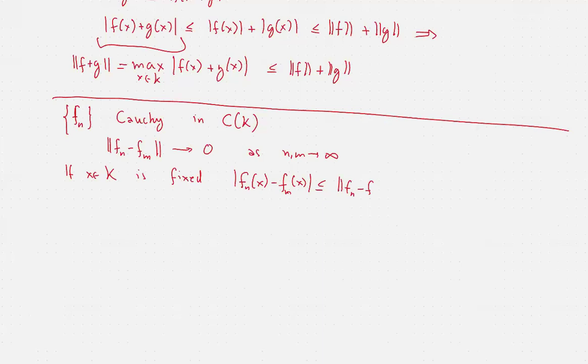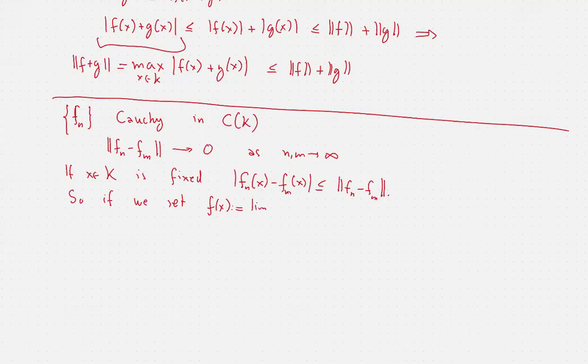So if we set f of x to be defined as the limit of f_n of x, then this is a function defined on K. And obviously we have to show, as usual, two things.